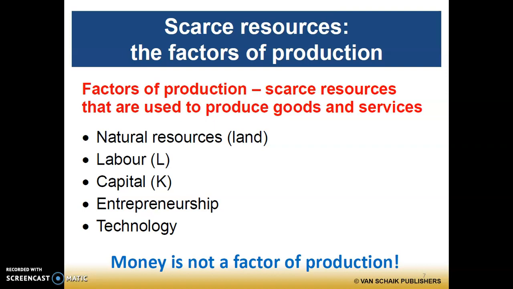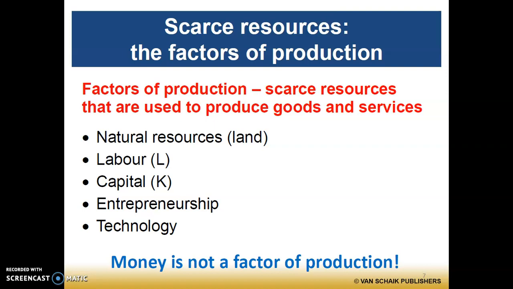Natural resources consist of all the gifts of nature, such as mineral deposits and water. These natural resources are fixed in supply and their availability cannot be increased if we want more of them.